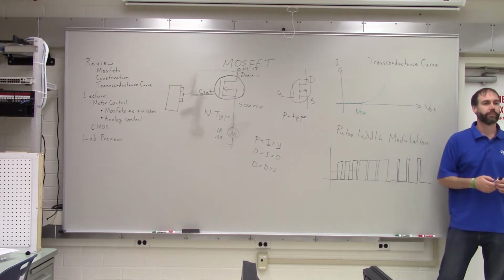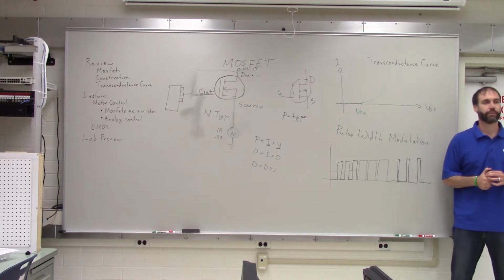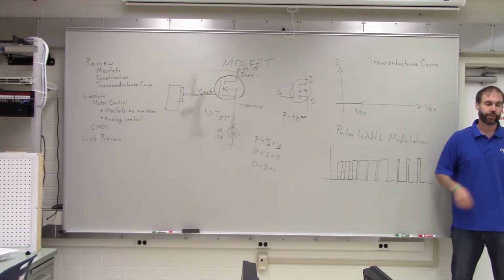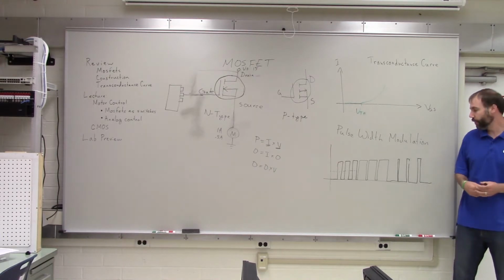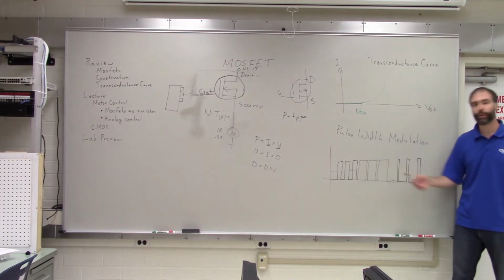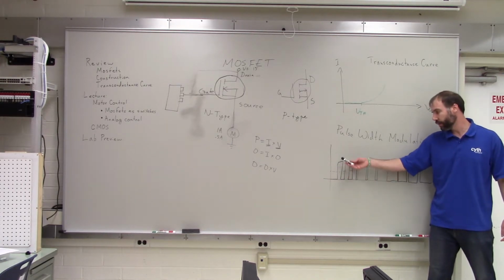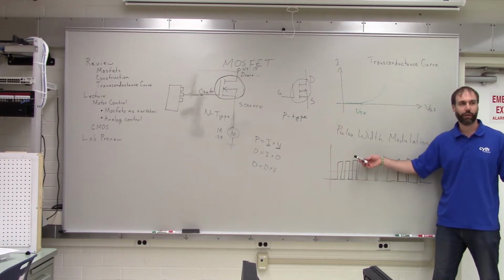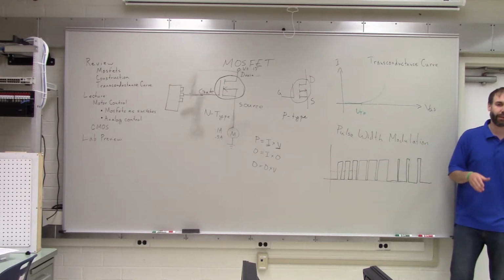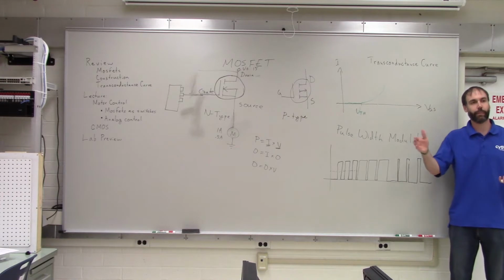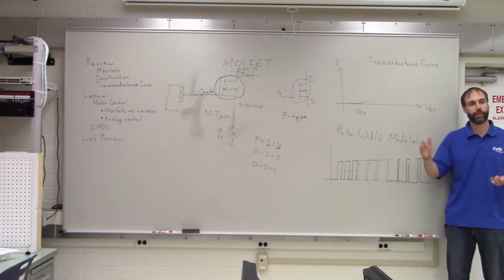Yeah? Would you actually be able to see those pulses, like would your motor act on them? Well, it depends on the frequency of the pulses. If you made these really slow, like on, off, then you'd be able to see the motor kind of speeding up and slowing down, speeding up and slowing down.